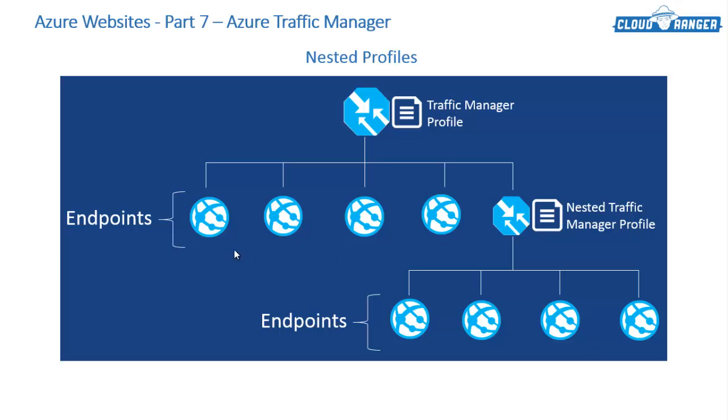The North American customers will always go to these websites. The European customers will always go to these websites, and each of them are load balanced. So that's a very practical real-life scenario where you would have a Traffic Manager profile nested in another Traffic Manager profile.